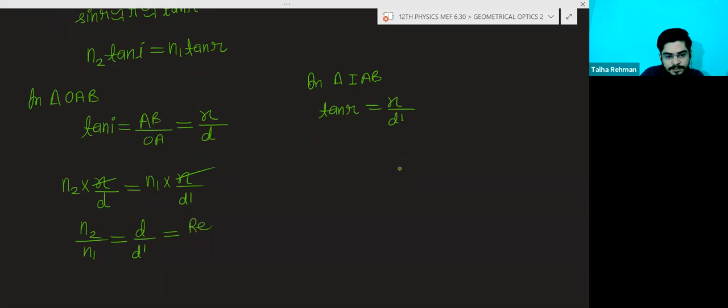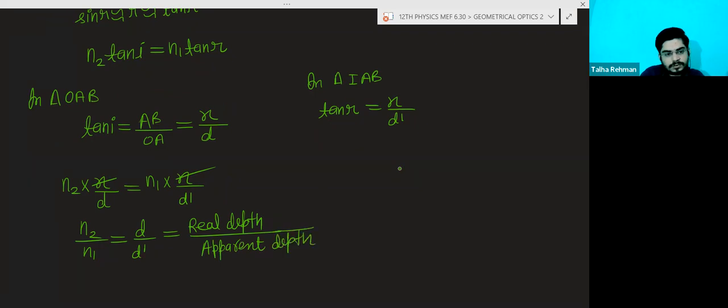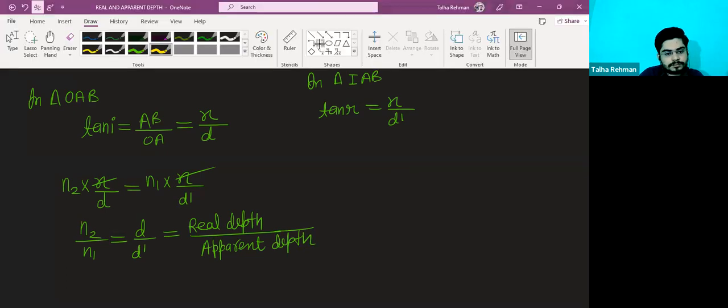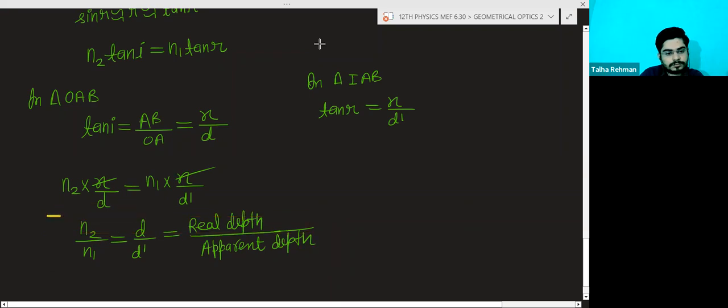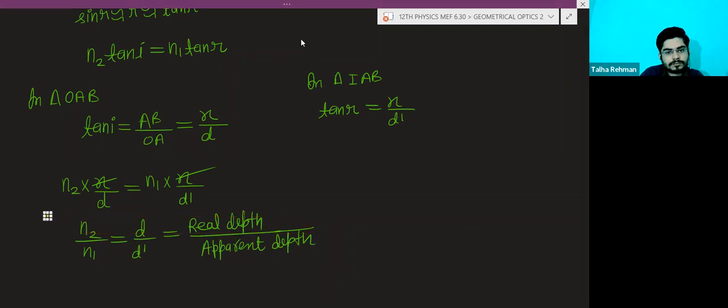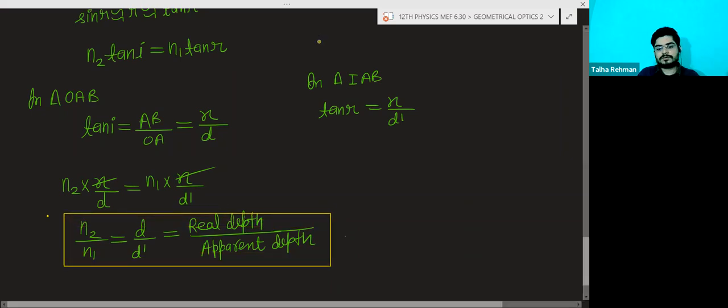D is the real depth and d dash is the apparent depth. Okay, so in this way you can prove that.